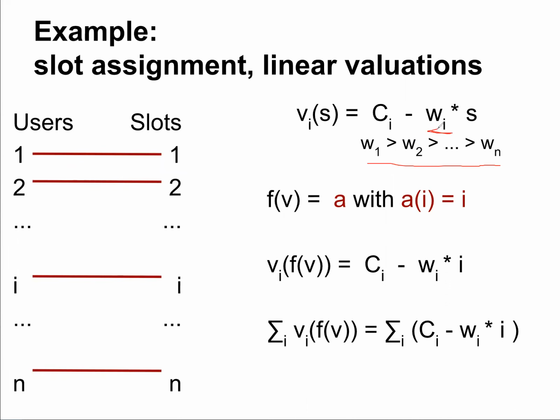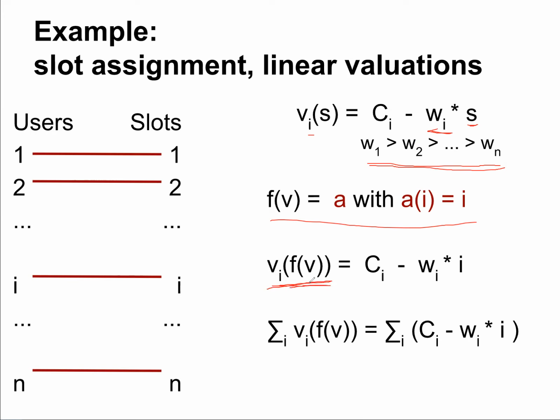So this WI is how much user I loses when the slot increases by 1, from 1 to 2, from 2 to 3, or from S to S plus 1. And it's quite natural that we want to match the users to the slots in the order of their decreasing impatience. So now user I will get slot I.